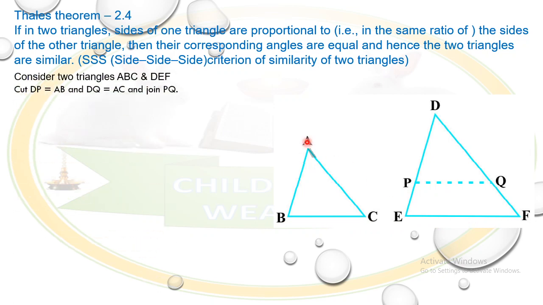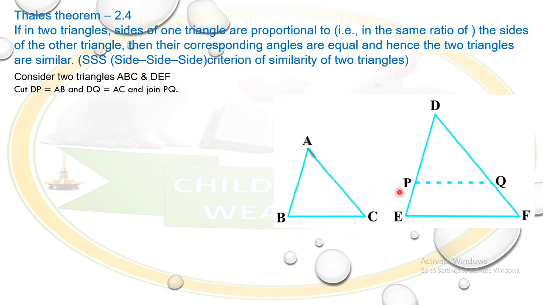We'll just prove this theorem. Consider two triangles ABC and DEF. In this, obviously as per the earlier theorems, we'll draw one more triangle inside triangle DEF. That triangle must be equal to ABC.